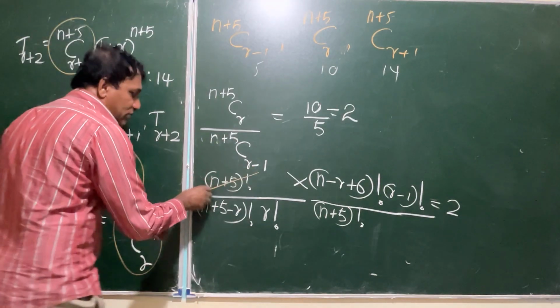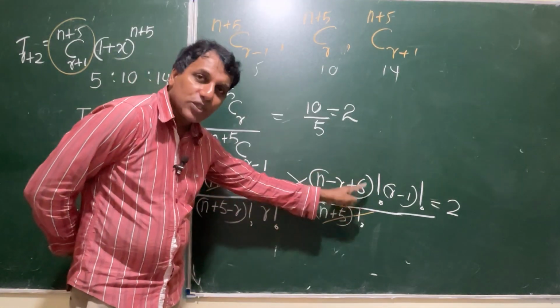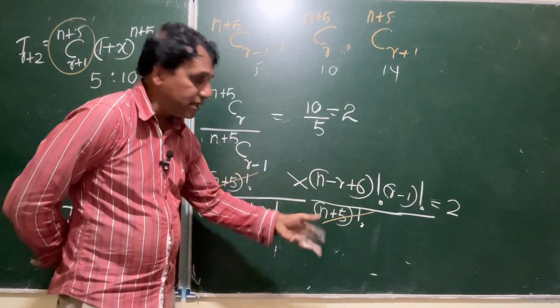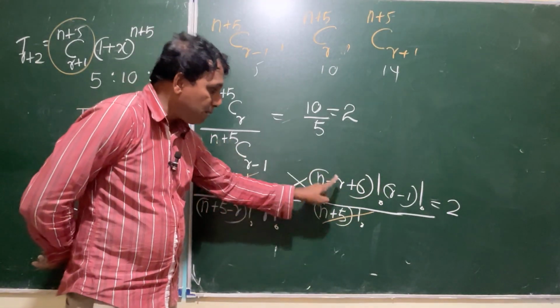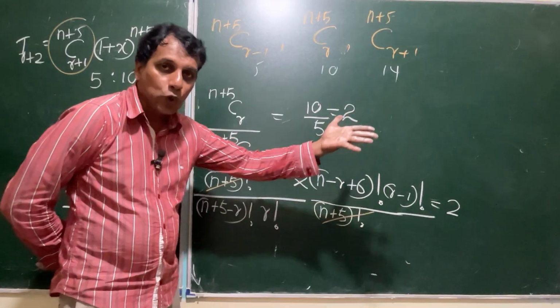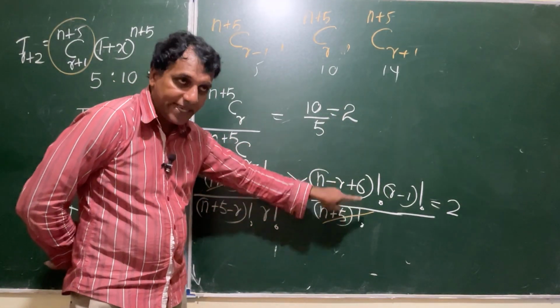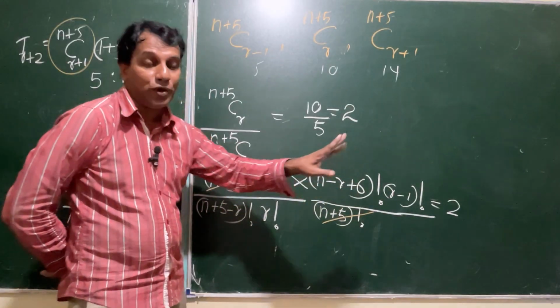See, n plus 5 cancels. Can I write this one? n minus r plus 6, the other, n minus r plus 5, the other, n minus r plus 4, and so on, right? So you can write n minus r plus 6 into (n minus r plus 5) factorial.